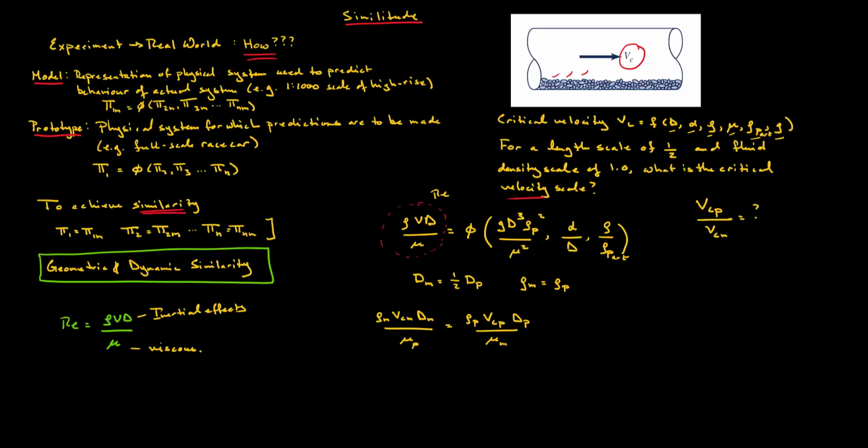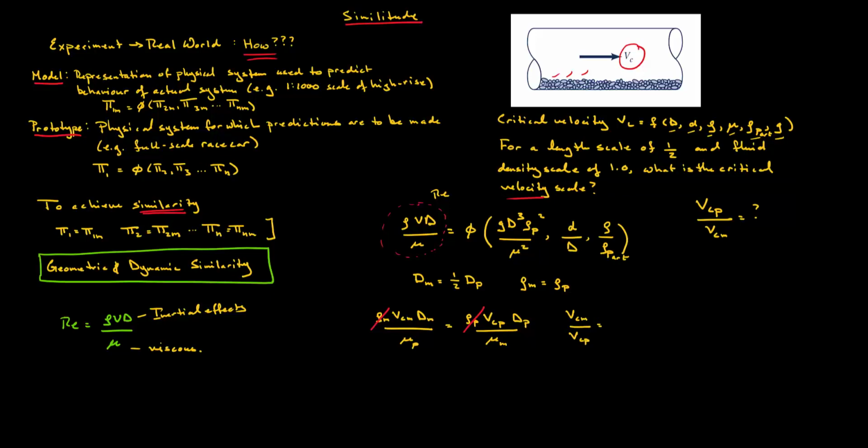Now we are told that we have a fluid density scale of 1, so rho p and rho m are the same. So these ones cancel out. So we're left with VCm over VCp.